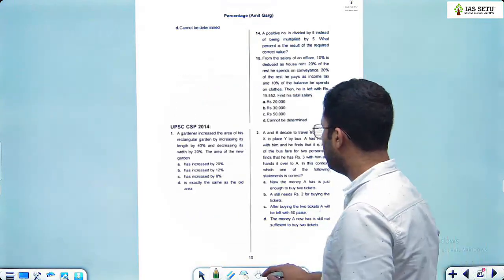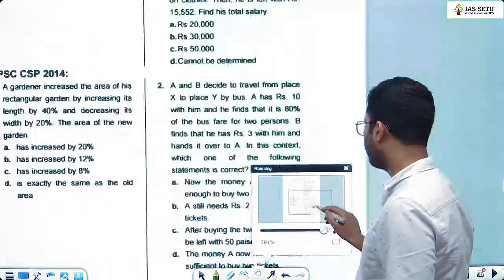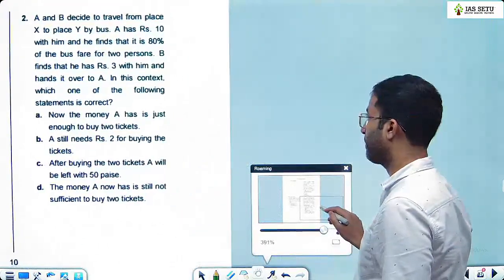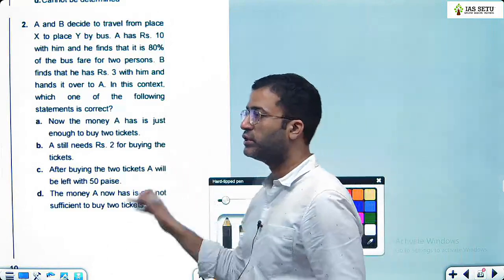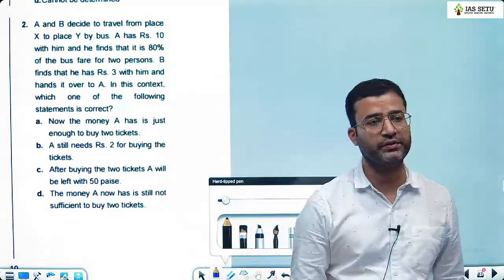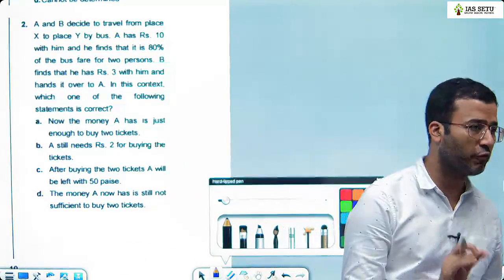This question number 2 on page number 10 of the percentage handout. Similar question I have asked in the test also. So if you have not understood, I will explain again. This is a previous year question which is asked in 2014.